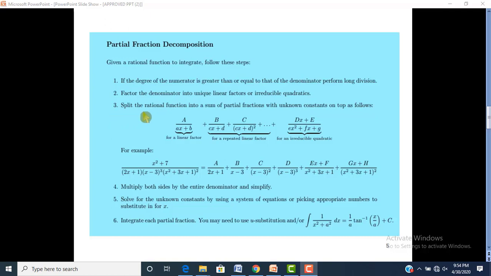Split the rational function into a sum of partial fractions with unknown constants on the top as follows. This type of partial fractional method you will use especially in reaction dynamics when you find the rate constant expression for the second order or third order reaction when the concentrations of the reactants are different.